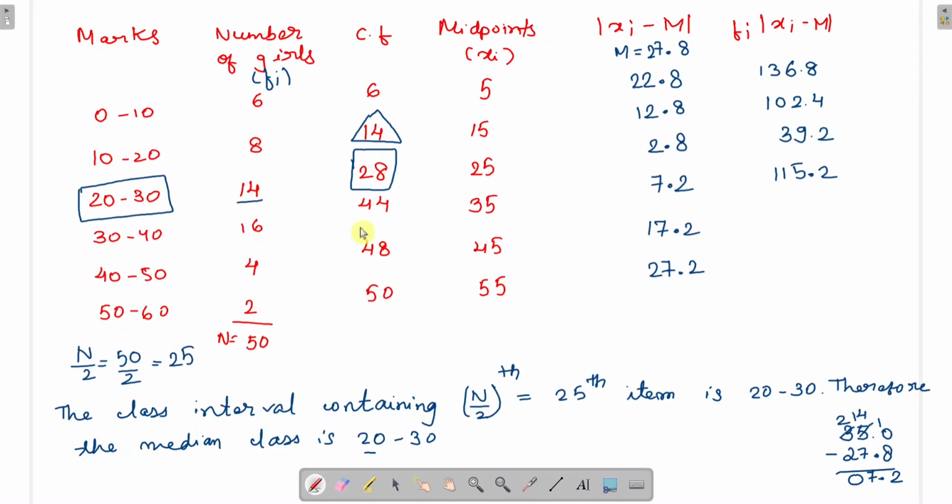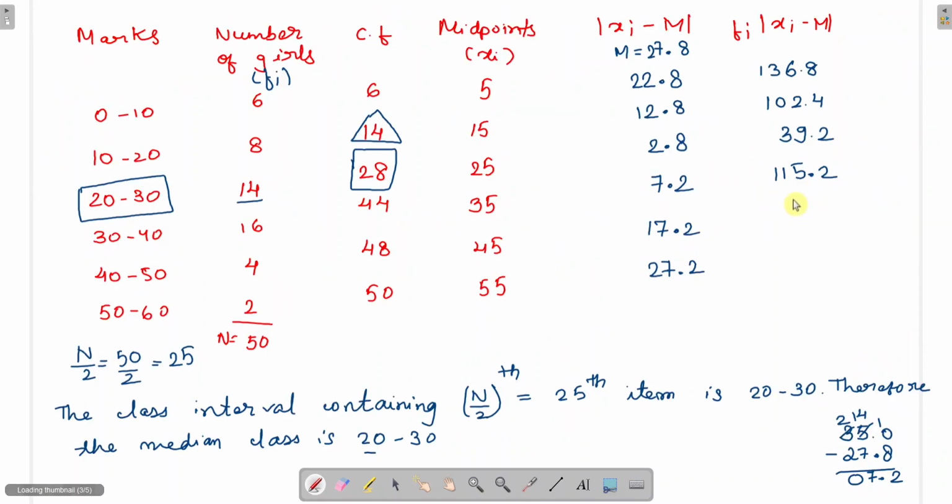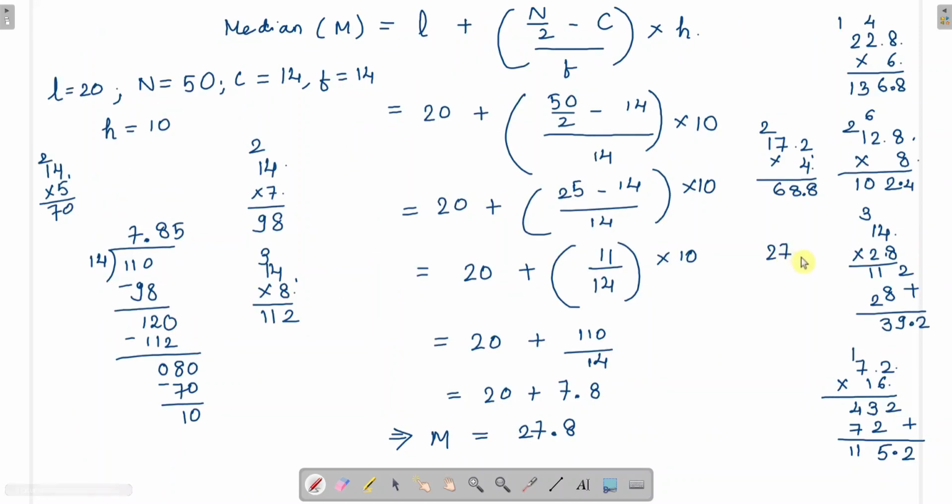Then 17.2 into 4. 4 times 2 is 8, 4 times 7 is 28, 4 times 1 is 4 plus 2 is 6, so 68.8. Then 27.2 into 2, that is 54.4.